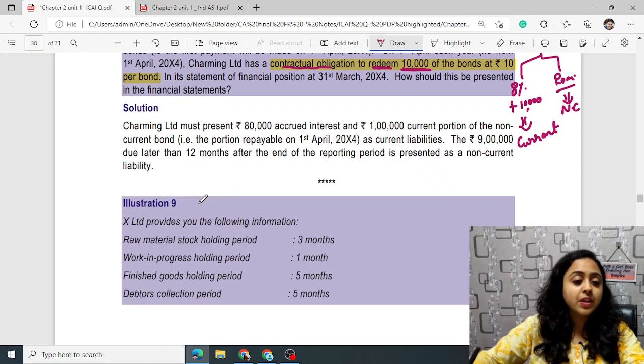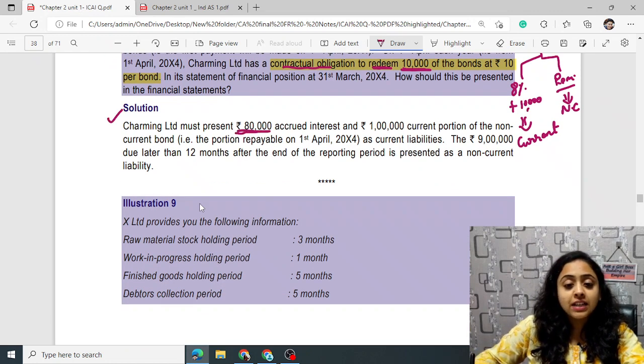Read this solution. Charming Limited must present rupees 80,000, that is 8% of 10 lakh, as current accrued interest and rupees 1 lakh as the current portion of the non-current bond, okay, this non-current bond as current liabilities.